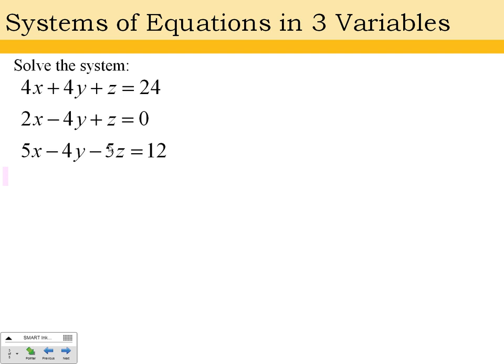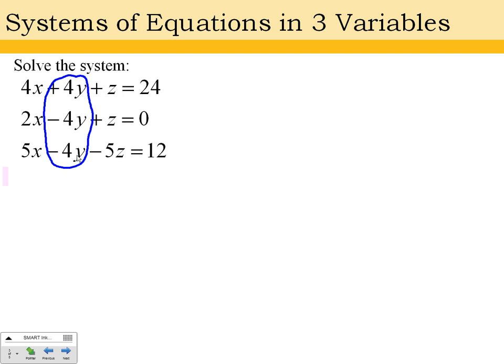So in general, there's not a right or wrong variable to pick to eliminate. It's just that there could be one that's easier than the rest. Like in this particular instance, my y will be the easiest to eliminate because they already have the same number in front, but one of them is positive, the other is negative.